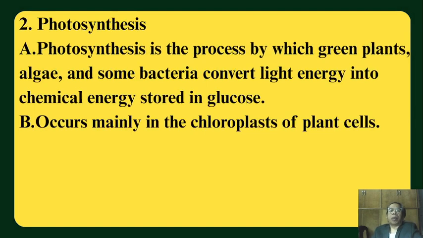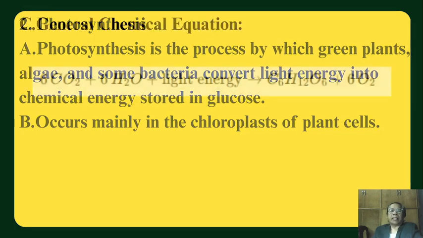Number 2, photosynthesis. Photosynthesis is the process by which green plants, algae, and some bacteria convert light energy into chemical energy stored in glucose. It occurs mainly in the chloroplast of plant cells.